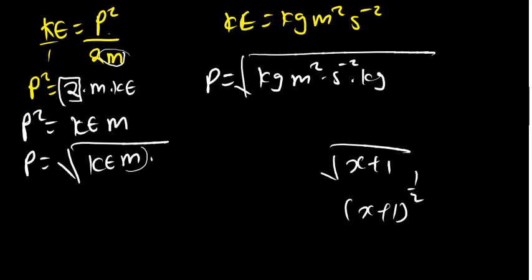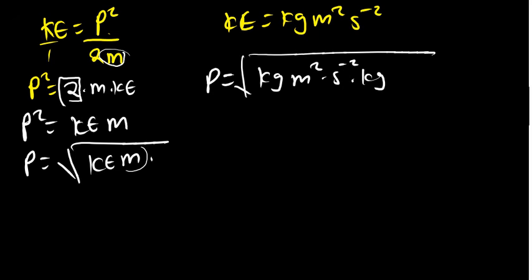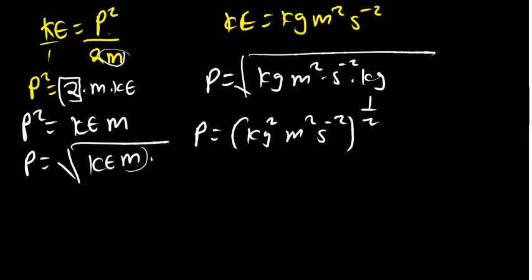So now p is going to be equal to kg times kg, I'm going to get kg squared times m to the power 2 times s to the power negative 2, everything raised to the power half. That's the square root. Meaning that now I can distribute the half.